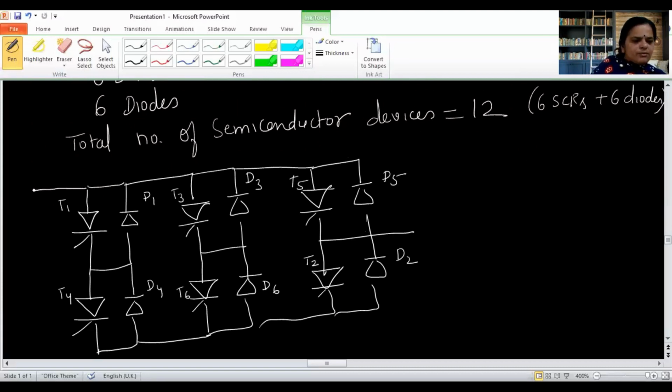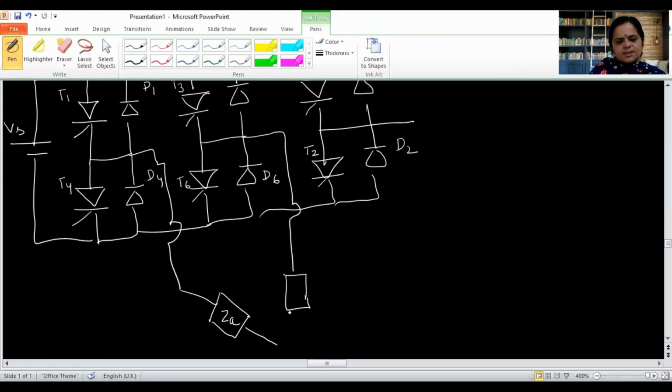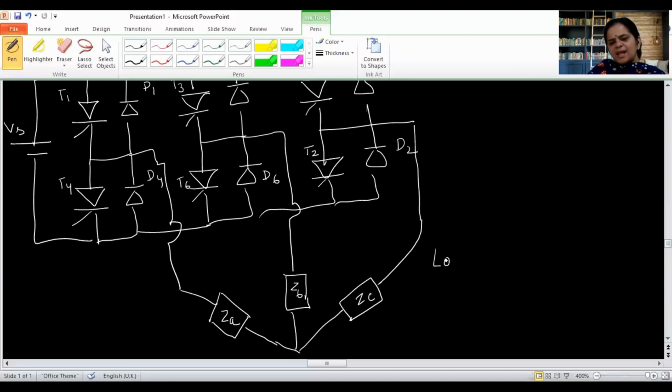So here we are supposed to give the input, which will be of DC type, and this is Vs, and the output of this will be connected to a three-phase load. Suppose this is ZA, this is ZB and this is ZC. It is connected to a three-phase star connected balanced load.